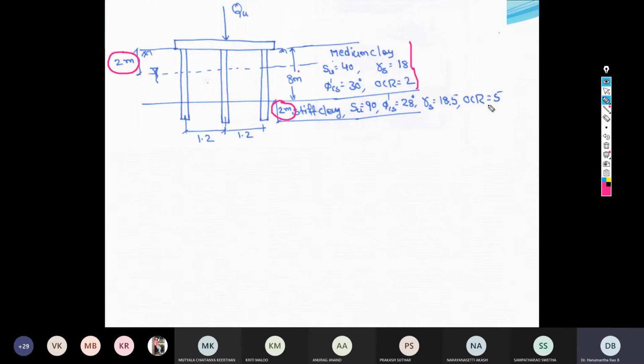So could anybody suggest what method among alpha, beta and lambda or gamma shall be used for calculation of the skin friction for this problem? Among alpha, beta and gamma method, which method shall be used for calculating the skin friction?